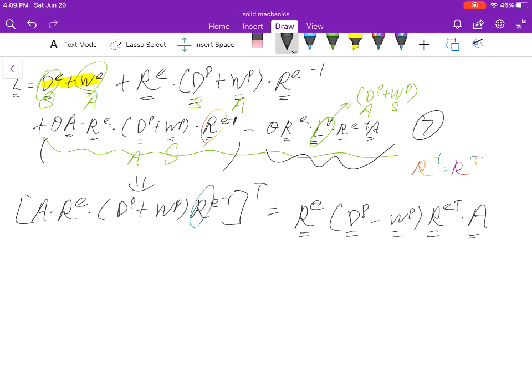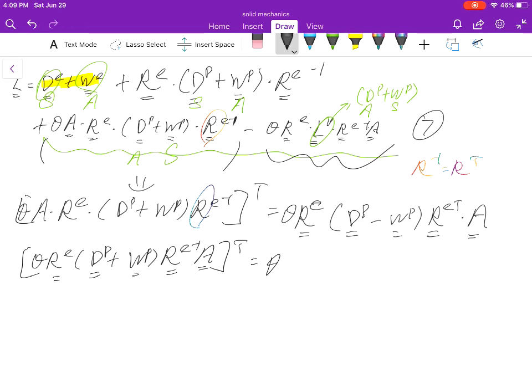And for this part, we get theta RE DP WP RE inverse A. And the transpose of this equals, remember that we have theta here, right? It's equal to A times RE, right? The transpose of this equals itself.